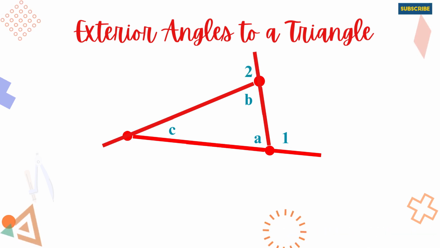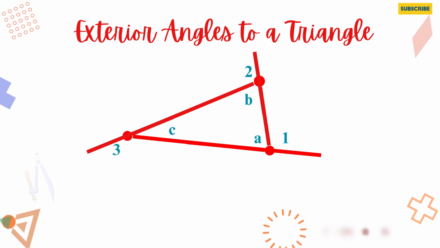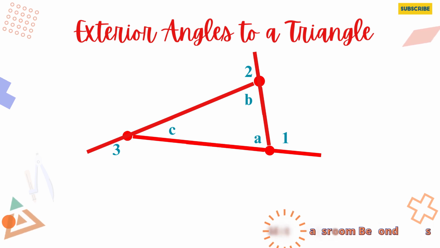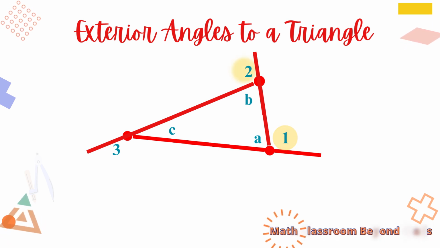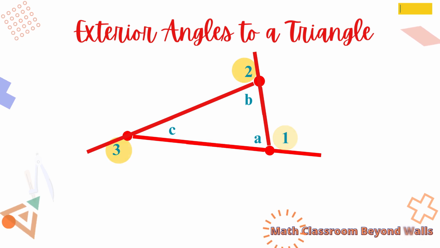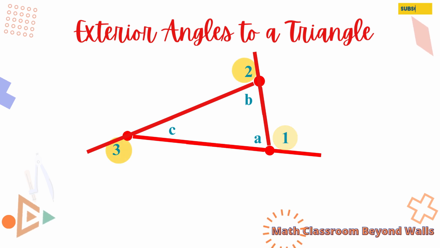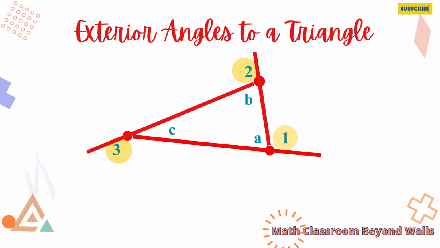Now, extending the three sides of the triangle as shown reveals three exterior angles: angle 1, angle 2, and angle 3. The exterior angles taken one at a vertex always sum to 360 degrees.